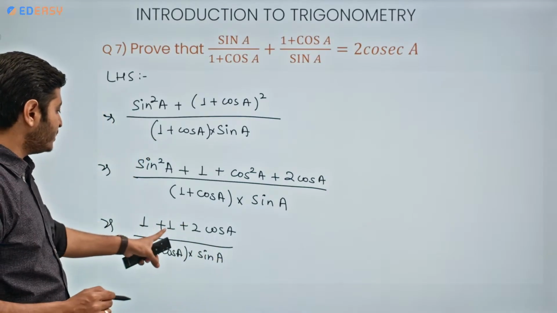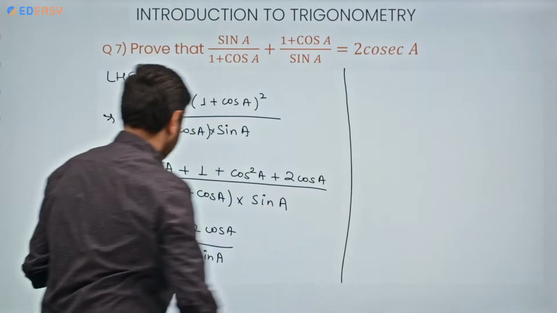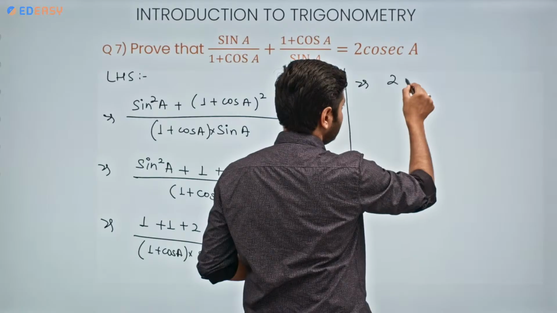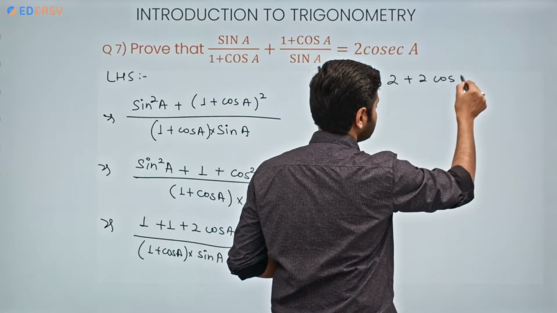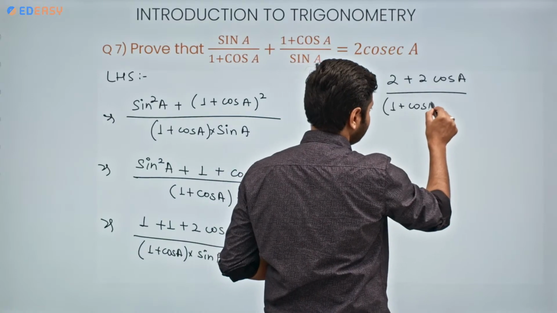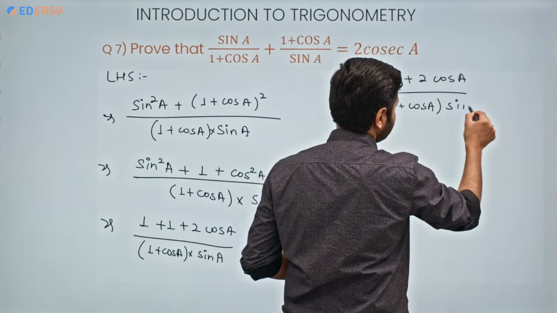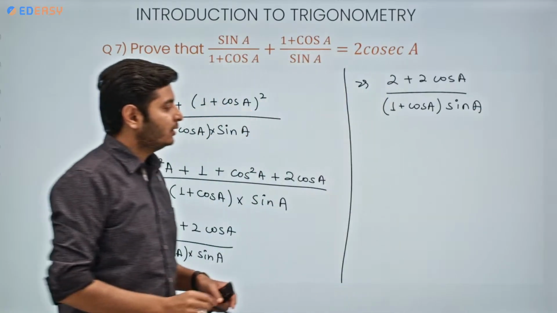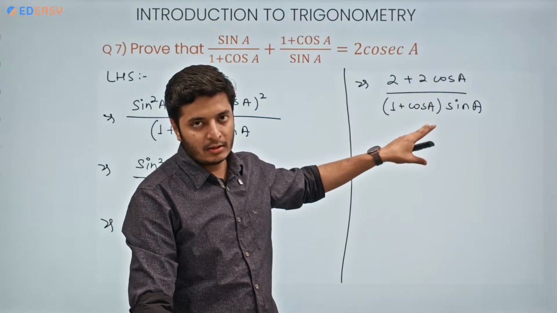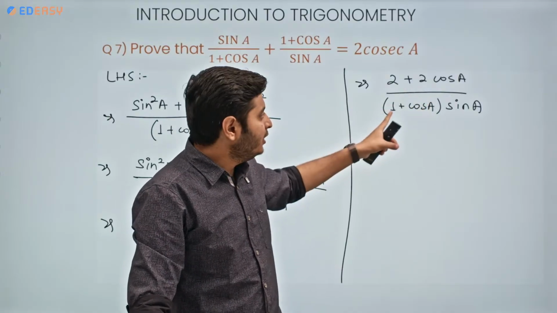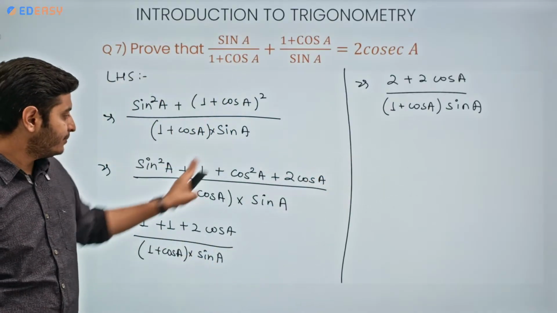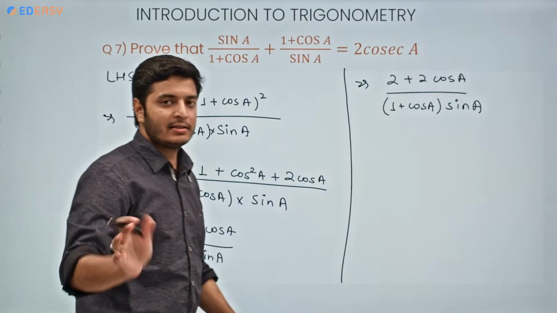As you can see here, 1 plus 1 is 2. And plus 2 cos A as it is. So this will become 2 plus 2 cos A divided by 1 plus cos A into sine A. If I take 2 common in numerator, what will I get? 1 plus cos A. In denominator also we are having 1 plus cos A. So that's why I didn't multiply them, so that I can cancel them.